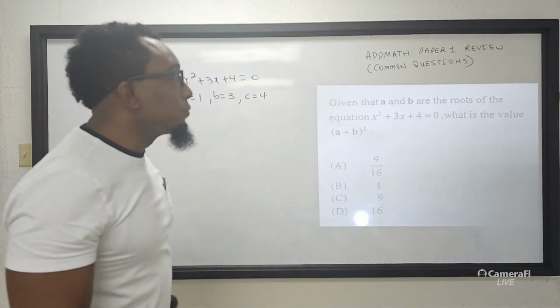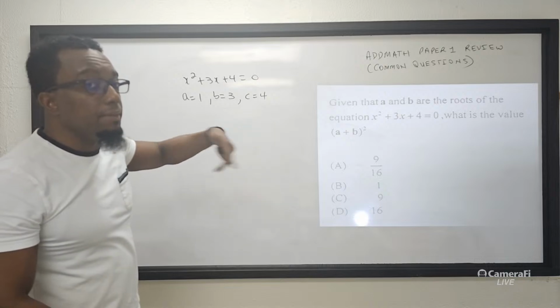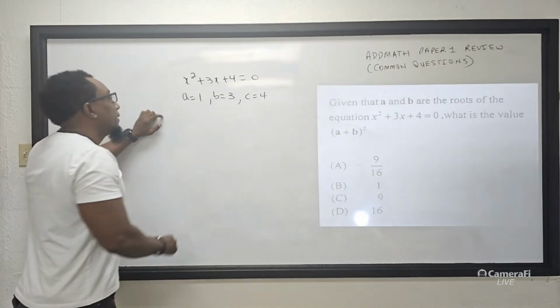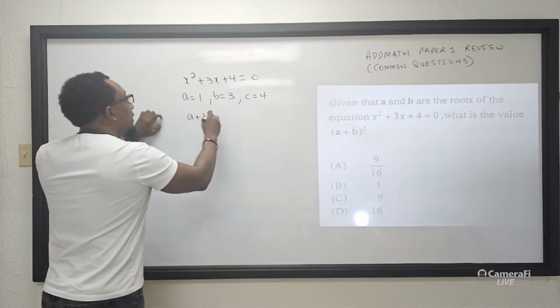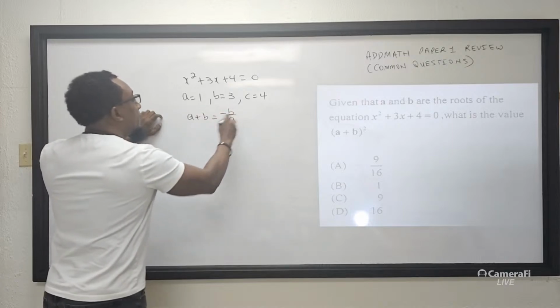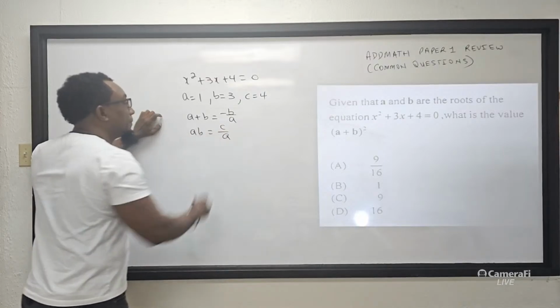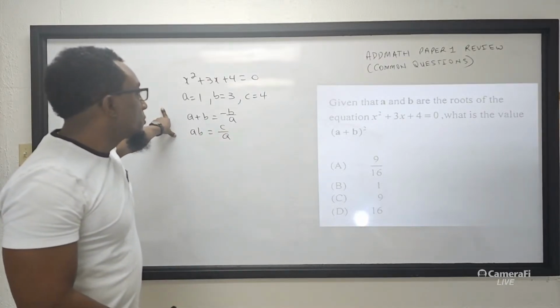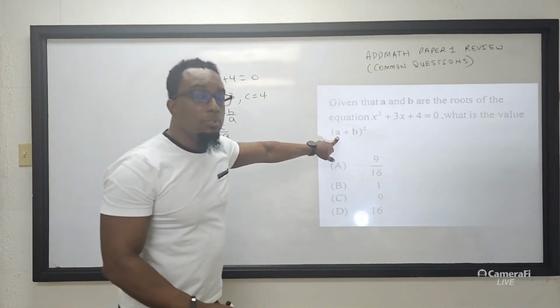And you know when it comes to roots involving alpha and beta, in this case they use A and B instead of alpha and beta. Then you know the sum of the roots A plus B is minus B over A, and the product of the roots AB is C over A. Alright? So what we can do, we can work out what is, because we have the sum of the roots all squared, right?